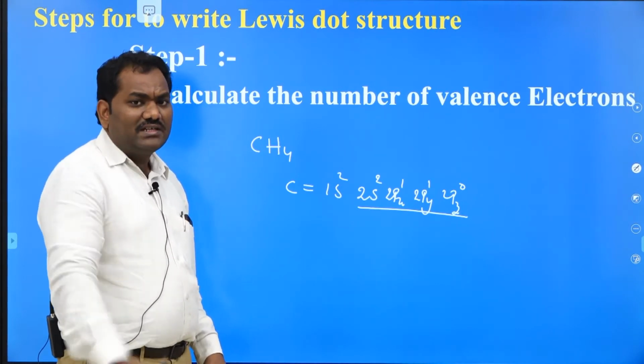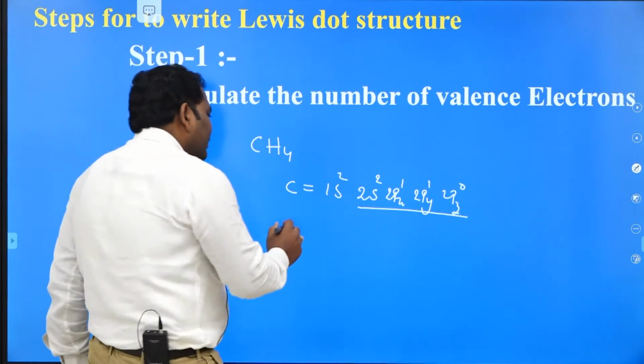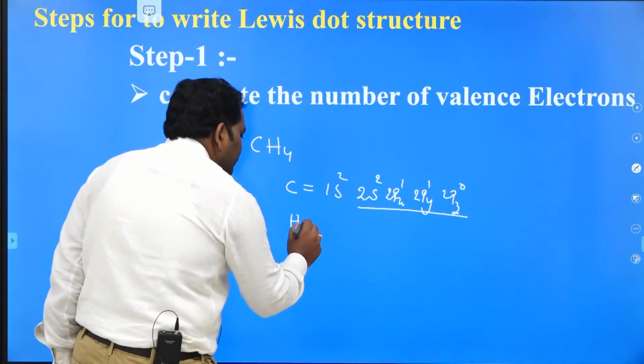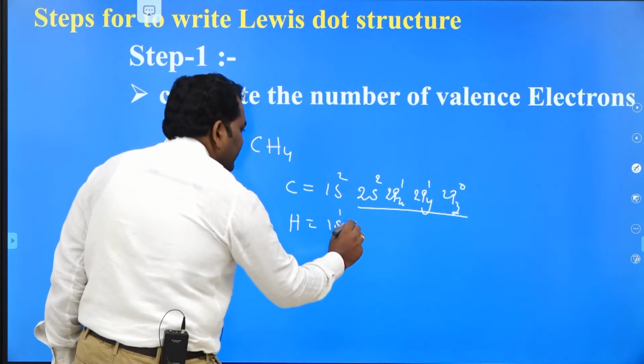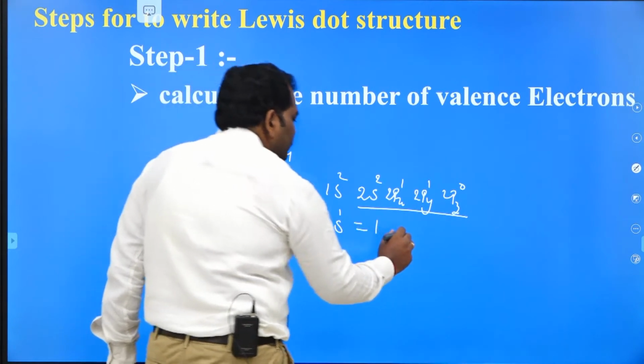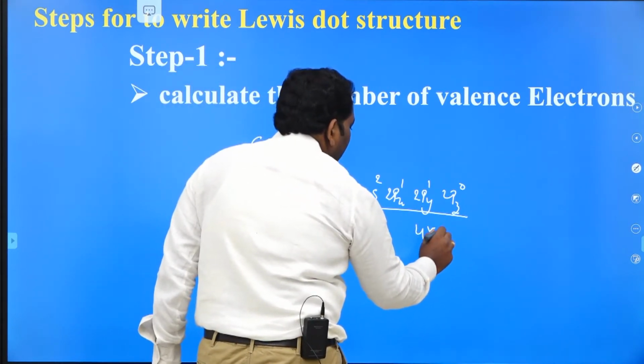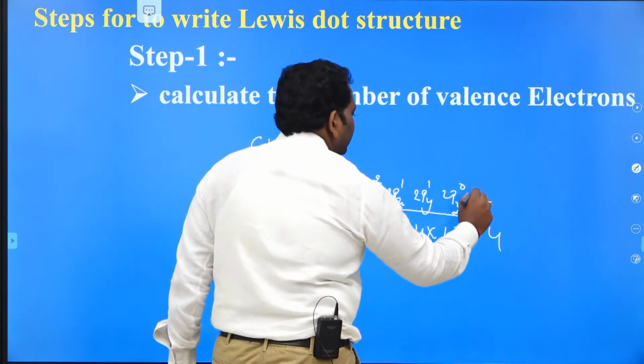Similarly, the electronic configuration of hydrogen is 1s1, so it contains 1 electron. Here 4 hydrogens are present, so they contain 4 electrons.